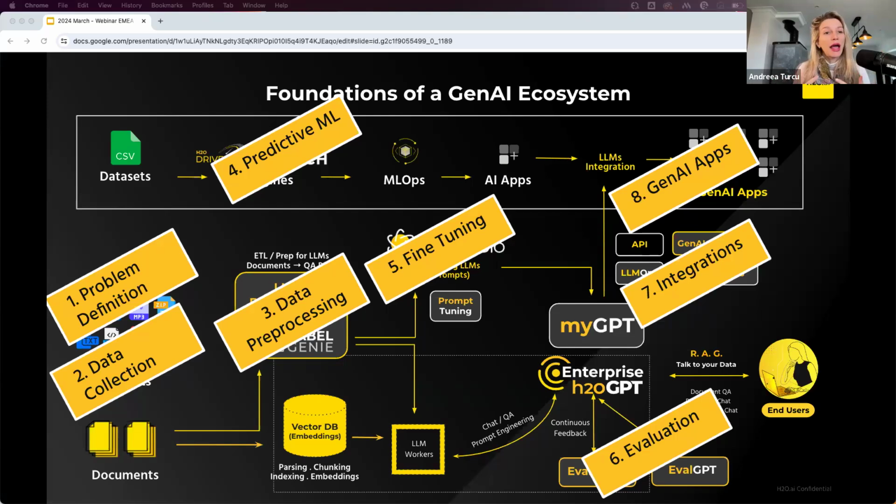Well, here you have predictive machine learning steps. I just consolidated it into step number 4, but here you usually have exploratory data analysis, feature selection and engineering, model selection, model training, and model evaluation of that particular machine learning model.